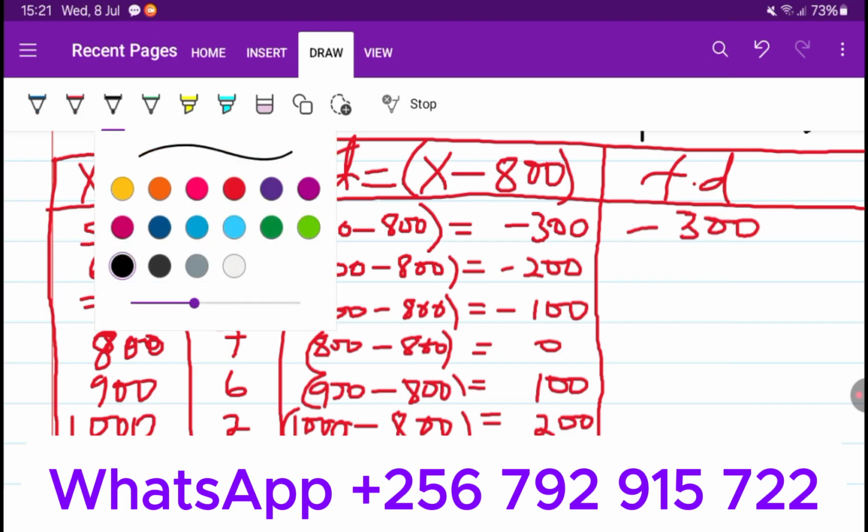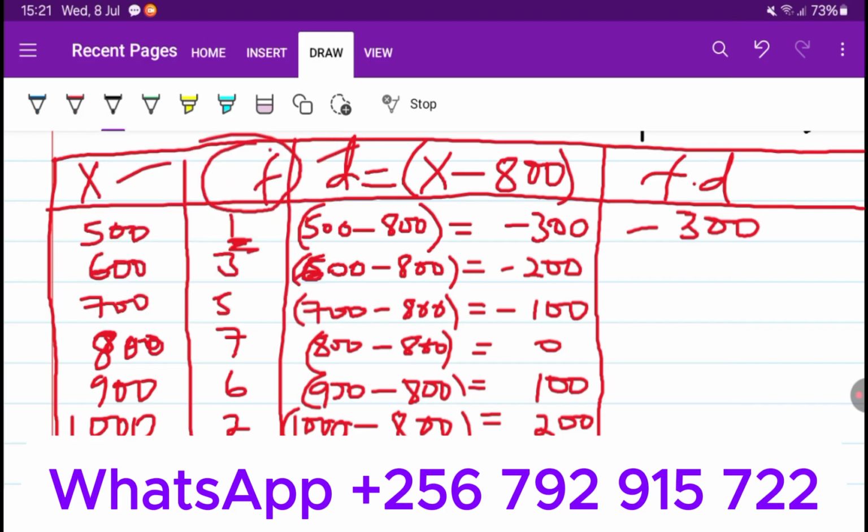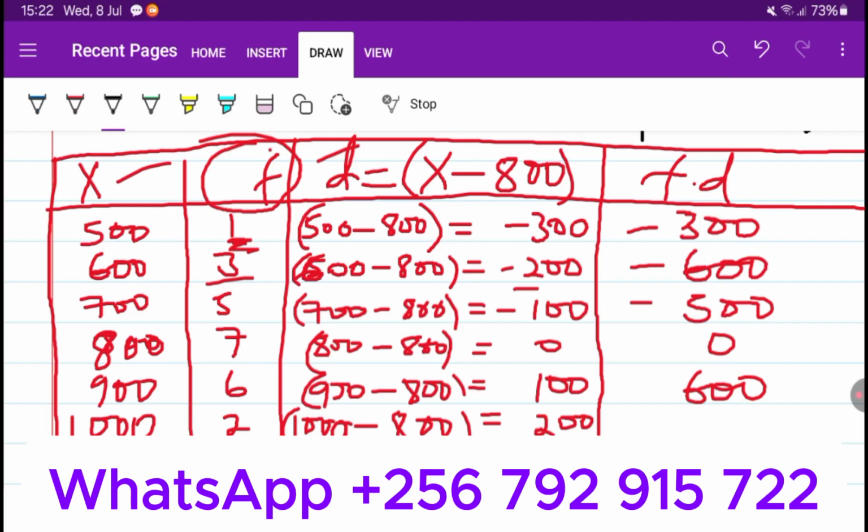It is 3 times negative 200, that gives you a negative 600. Then 5 times negative 100, it gives you a negative 500. Then 7 times 0, it gives us a 0. Then 6 times 100, it gives us positive 600. Then 2 times 200, it gives us positive 400. Then 1 times 300, it gives us a positive 300.